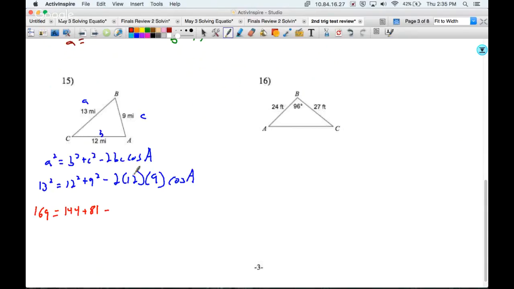Minus 2 times 12 is 24 times 9, 216, cosine A. Now recognize that 216 is the coefficient of cosine A. You cannot combine it with these over here. These have to be moved over one at a time. Minus 144, minus 81. You get 169 minus 144 minus 81 equals negative 56.